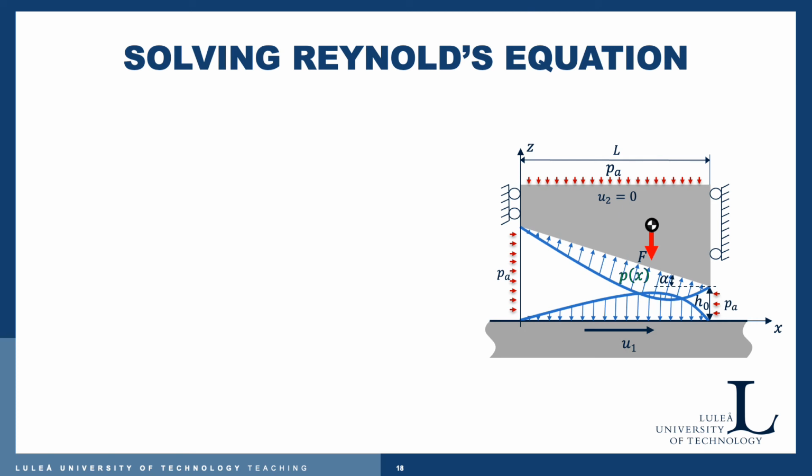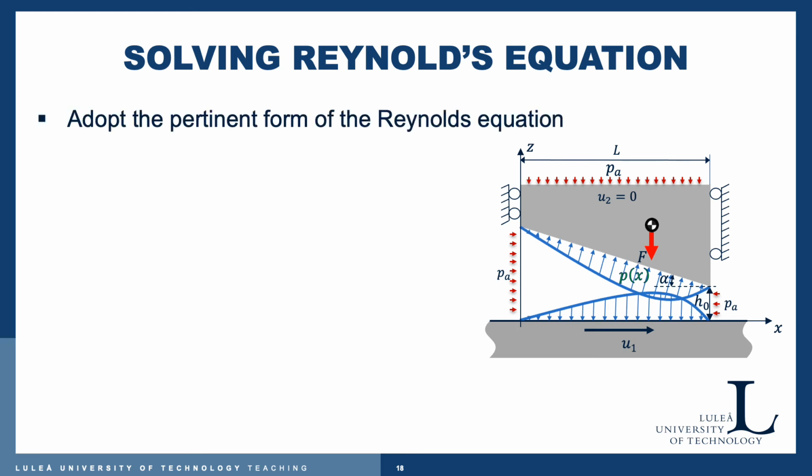So, solving the Reynolds equation for a particular situation, we first have to adopt the pertinent form of it, and perhaps it's good enough to have the isoviscous and incompressible form of it. We adopt that. We need to define the film thickness equation. Should we include or not rigid surfaces?